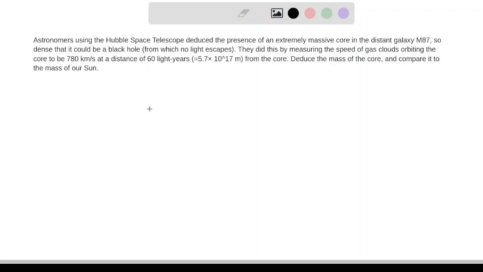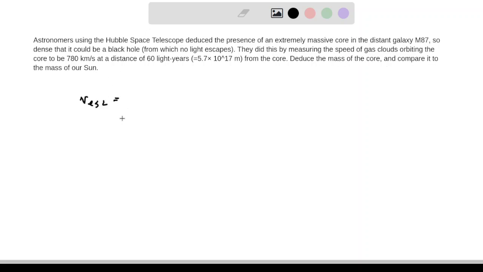So to answer this problem, we need to recall that when an object is orbiting around another object, then the orbiting object is at the escape velocity, where the escape velocity is equal to the square root of the mass of our central object, so here our core, the black hole core, times the gravitational constant G, divided by the radius, this distance between the orbiting object and the core.